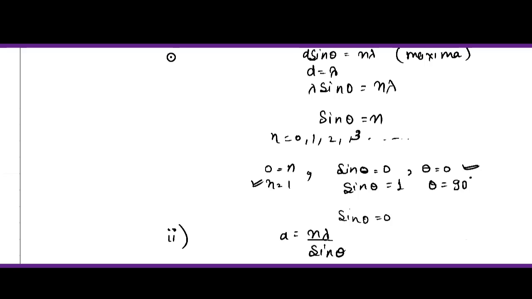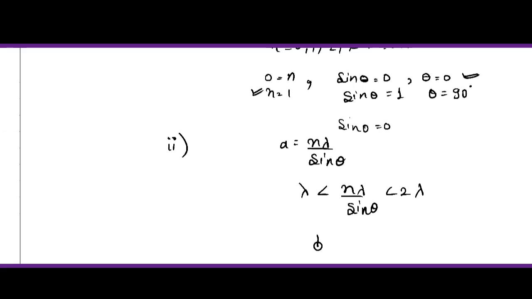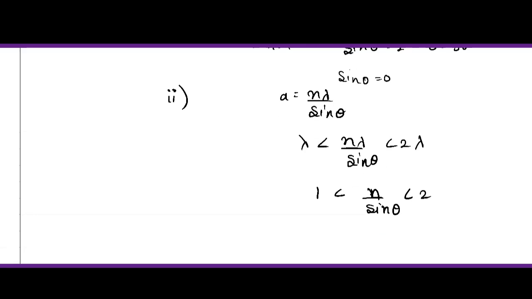It is given in the question that this n lambda by sin theta is greater than lambda and less than 2 lambda, or we can say n by sin theta is greater than 1 and less than 2.